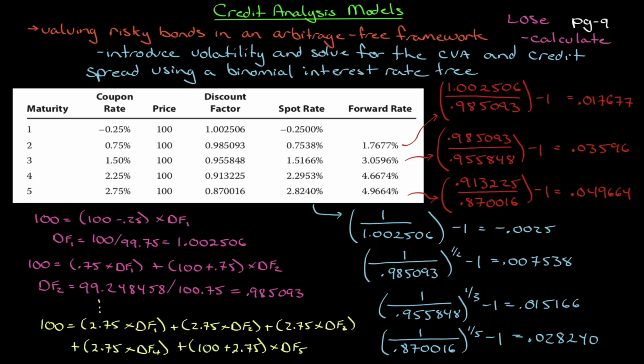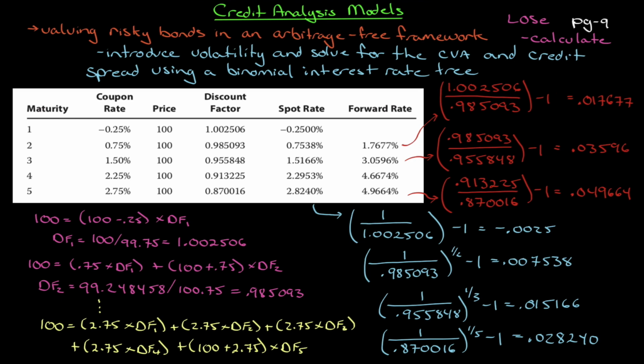Here's the heart of the reading, this learning objective. Calculate the value of a bond and its credit spread, given assumptions about the credit risk parameters. And to do this, we're going to introduce volatility, and we're going to use a binomial interest rate tree to determine what the value of a credit risky bond would be.